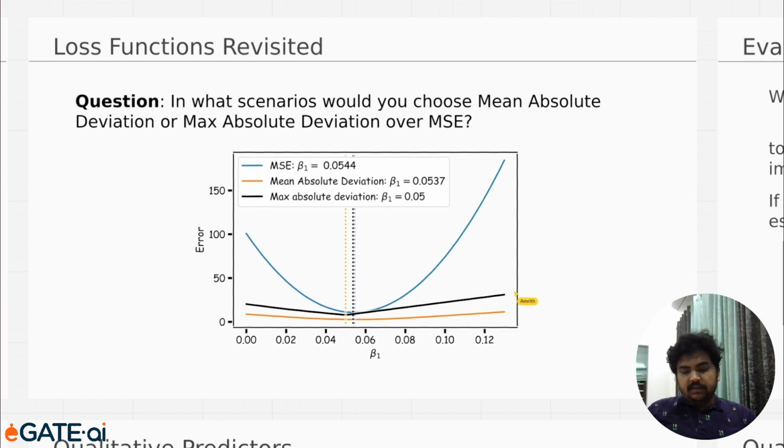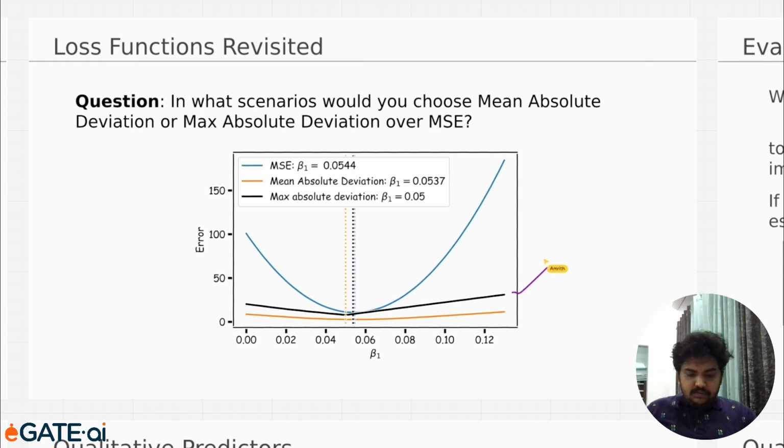So what do you think can be better, like we can use this instead of the MSE we have used? By looking at this, what I can suggest is that if you think of something like credit data, then if you want to eliminate outliers, I would suggest max absolute deviation can be a good suggestion.